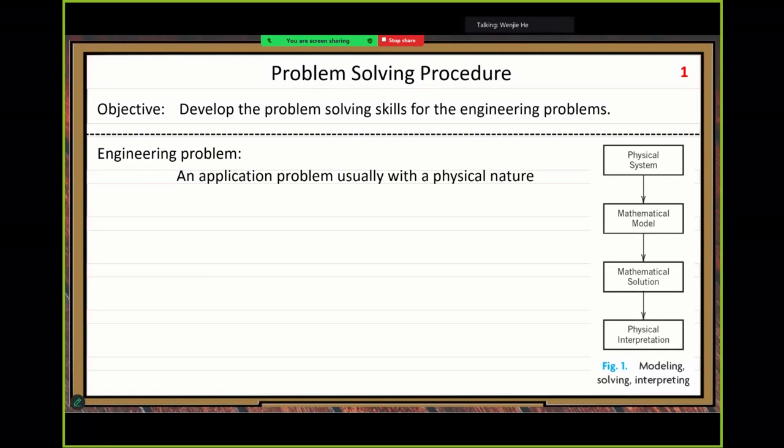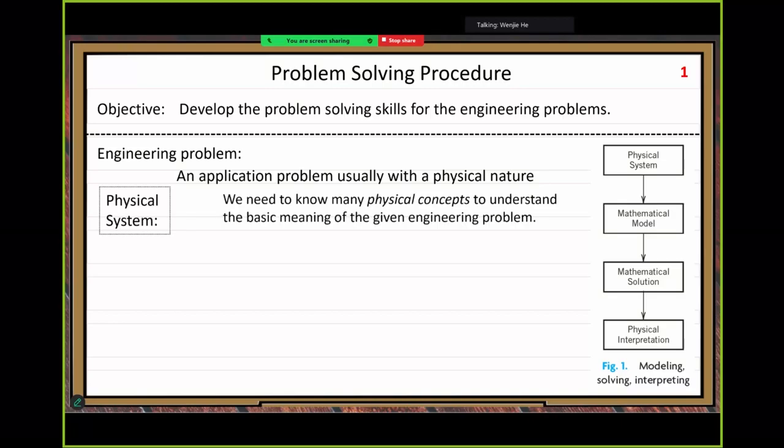So these are the steps in our problem-solving procedure. First, when we have a word problem with physical nature, we need to understand that physical system.